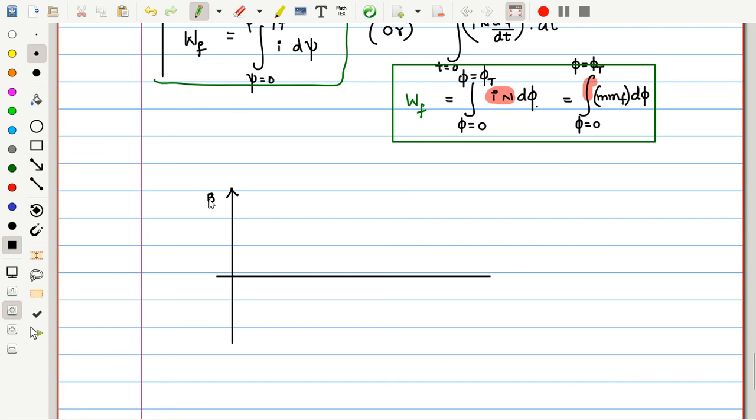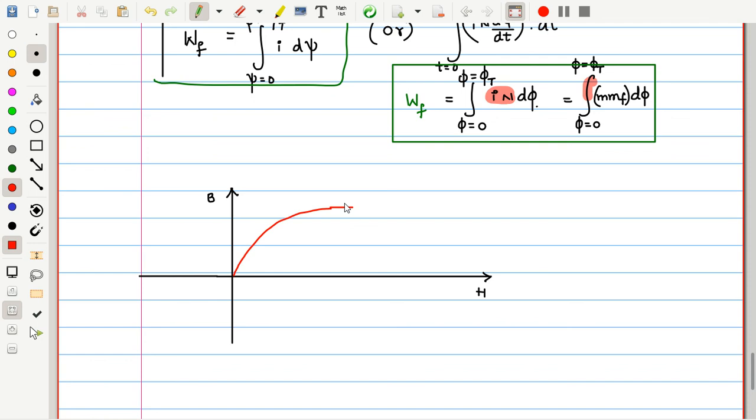So let us say this is flux density, this is field intensity, and now let me put these lines. What are these characteristics? Can somebody tell me?